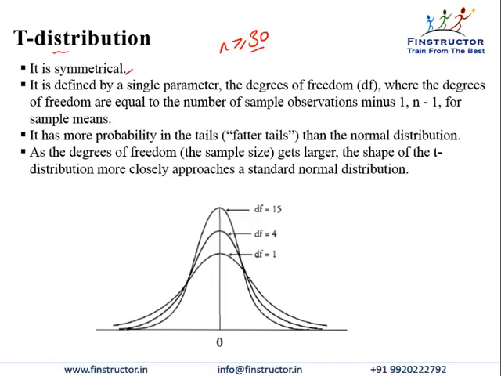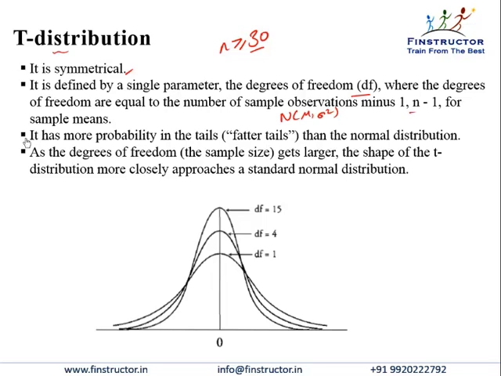Unlike the normal distribution that is defined by two parameters, that is the mean and the variance, the t distribution is defined by a single parameter called the degrees of freedom. The degrees of freedom simply are n minus 1, where n is the size of the sample.